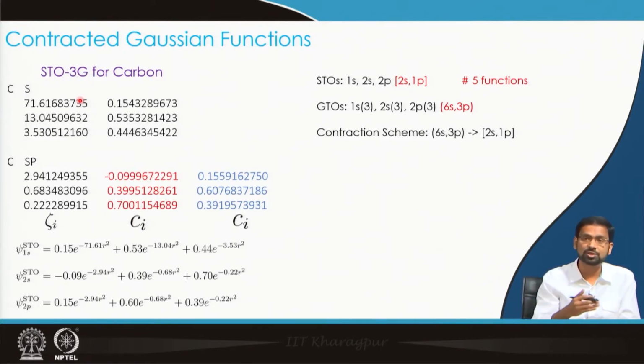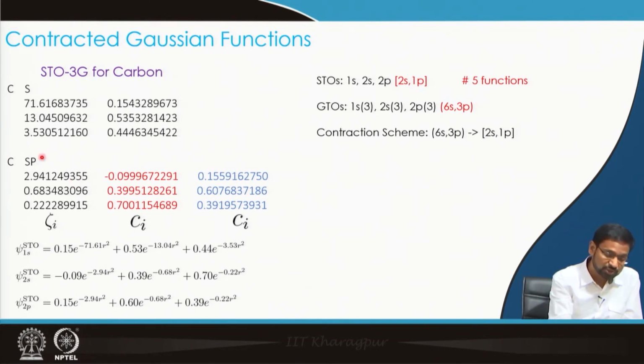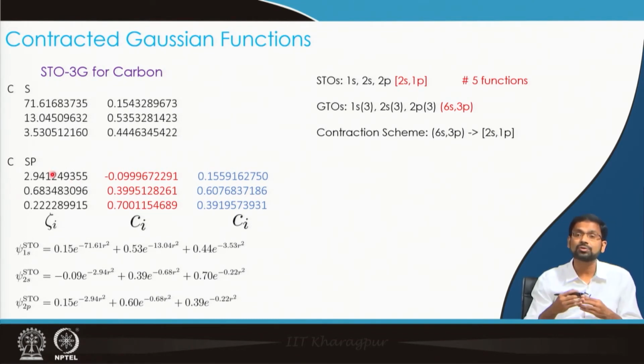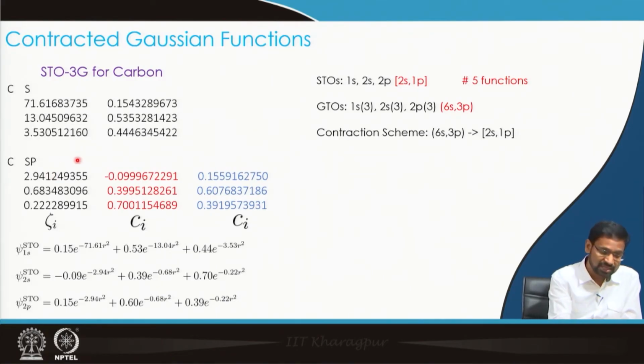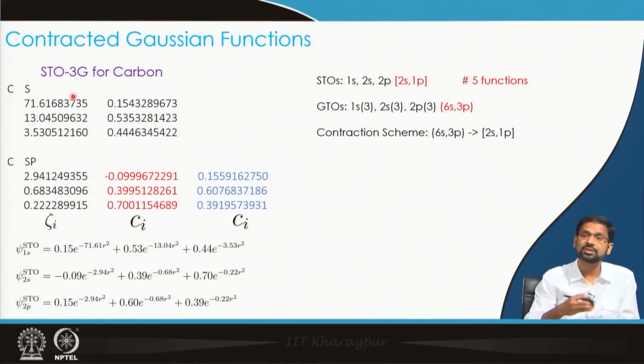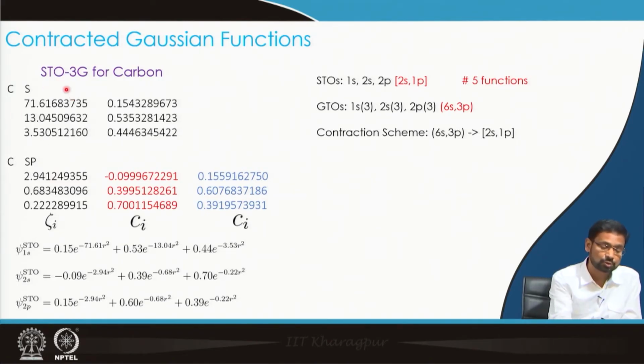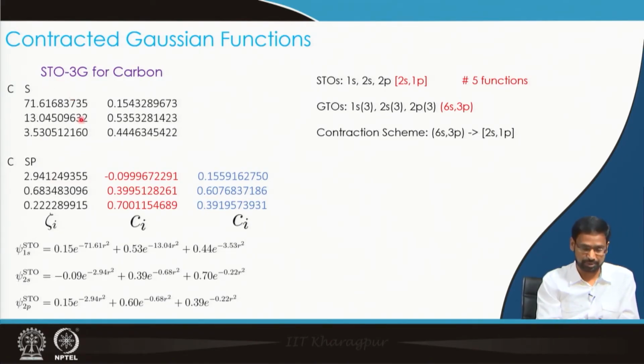So for the 1s orbital, it is important that we take a larger value of orbital exponent, whereas the valence orbital electrons are going to participate in chemical bonding. So smaller exponents there allow the diffusion of the electron away from the nucleus, which is essential for, let us say, chemical bond formation. So these features are always present. You would see that the core orbitals tend to have larger orbital exponents.